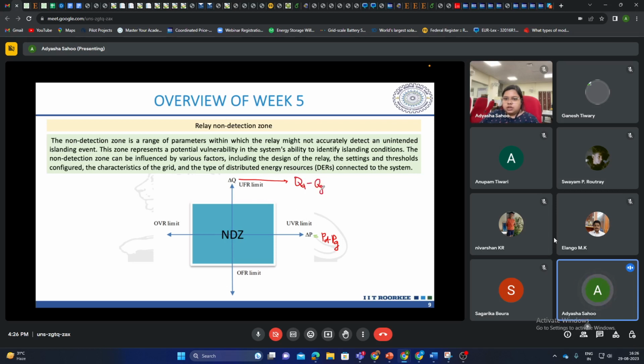The relay can detect this mismatch only after some threshold. When delta P is greater than some P threshold, only then is it able to detect the islanding situation. Similarly for delta Q. Only for these conditions can the relay operate.